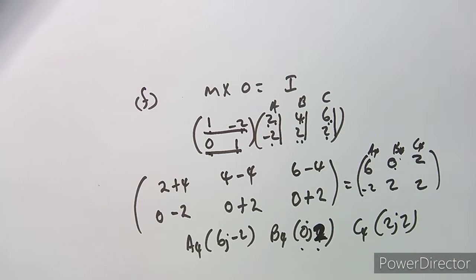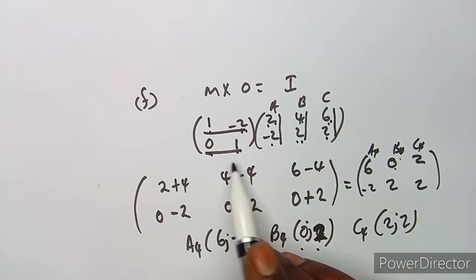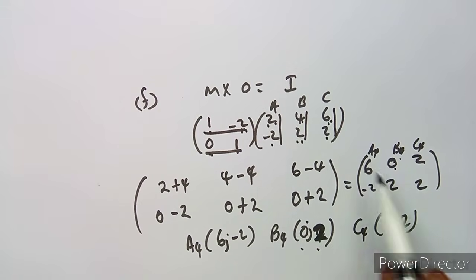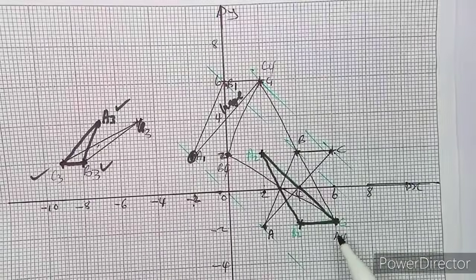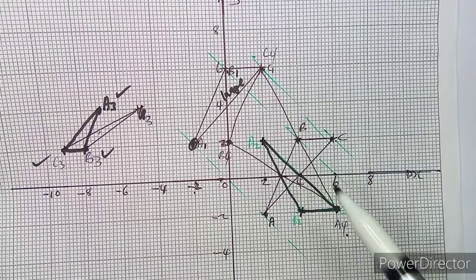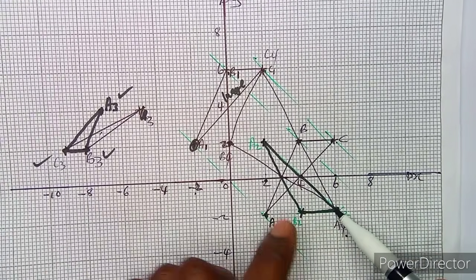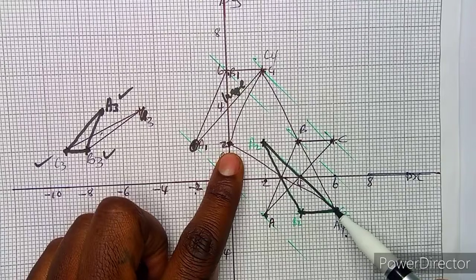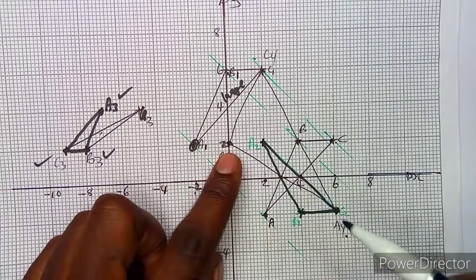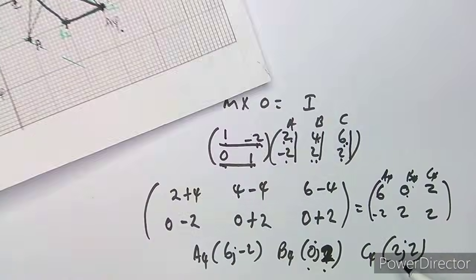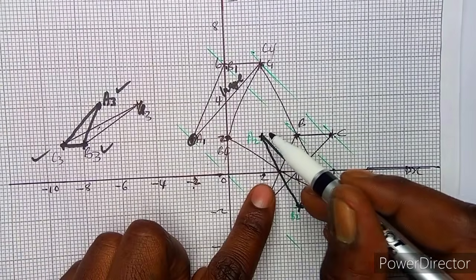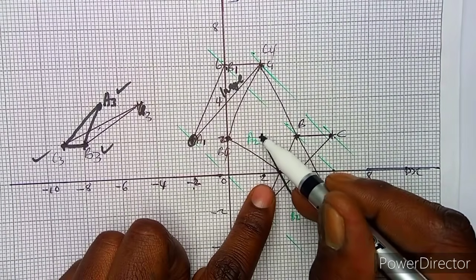Okay, there's something that we might have done, but this is actually 2, because here is 2, which means the point that we have is supposed to be here. This point, our A4, our B4, right? Then our C4, which is at this point at 2, 2. So it was supposed to be here at 2, 2 here.